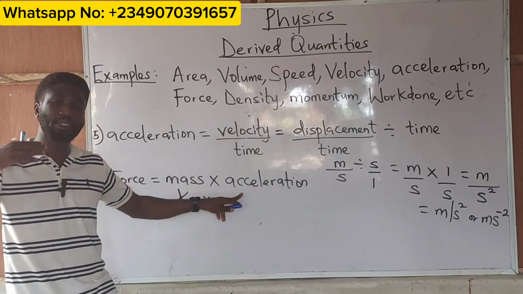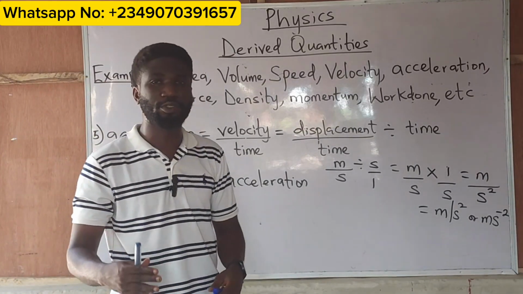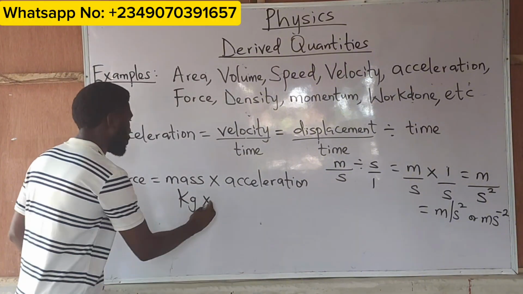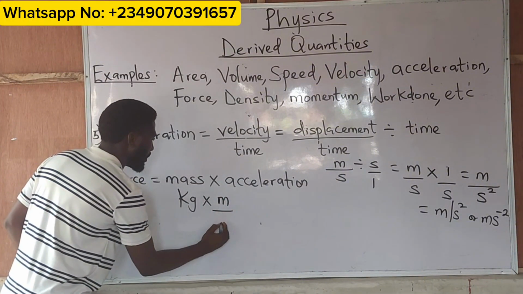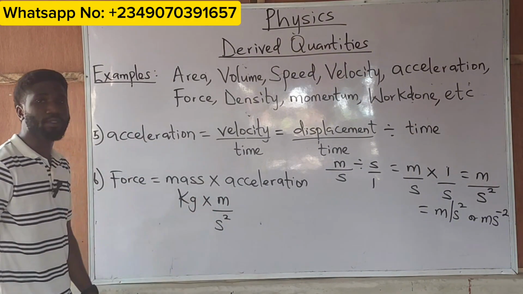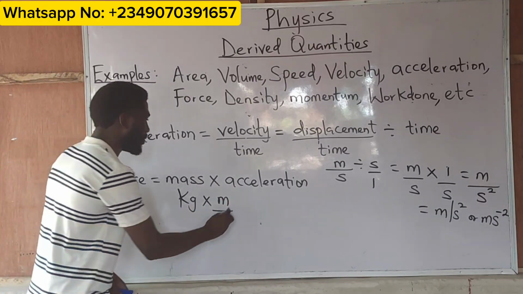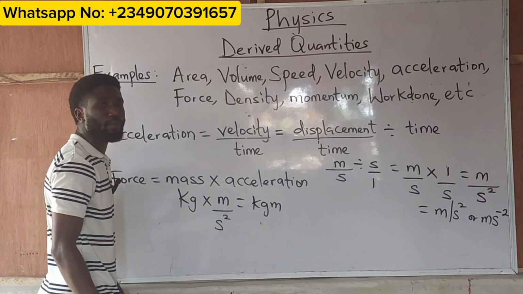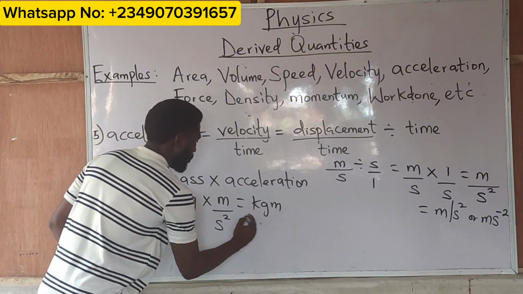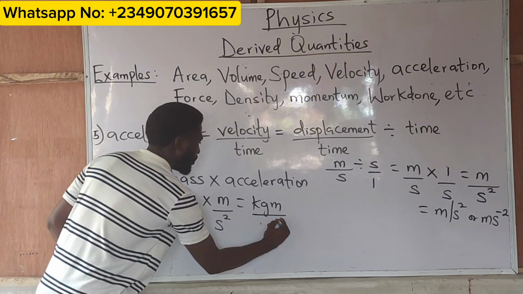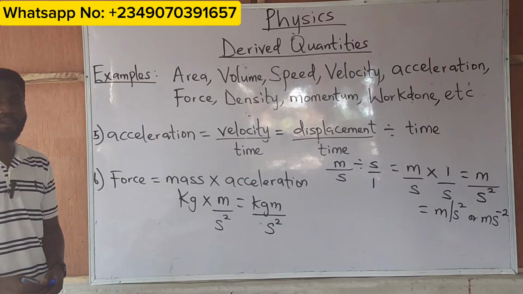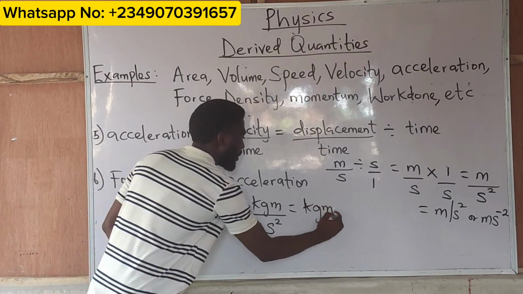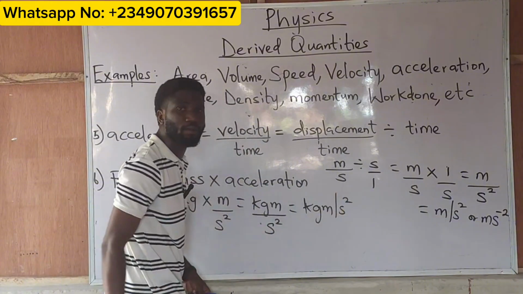Let's assume that we've already known the unit of acceleration to be meter per second squared. So meter over second squared. So kilogram times meter, that's kilogram meter over second squared. This can be written like this: kilogram meter per second squared.